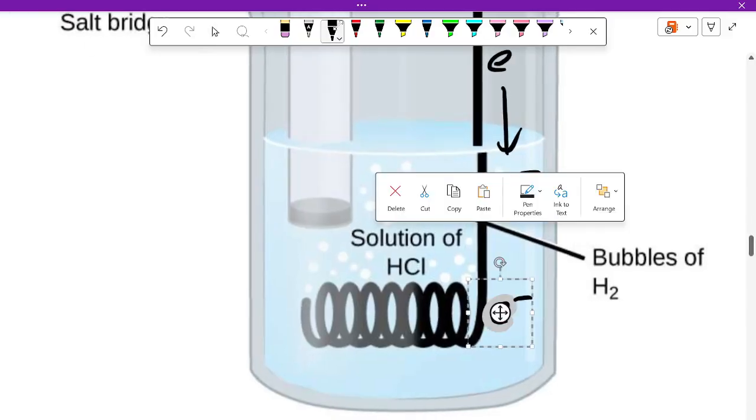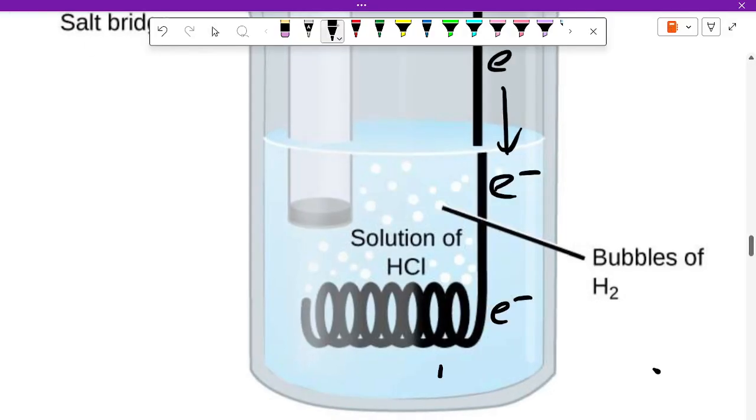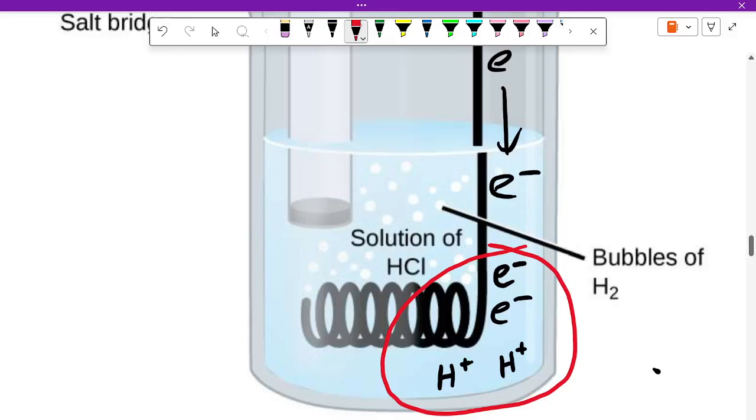So, the H+, two H+ can get together with two electrons. And when those get together, you get bubbles of H2. Yes? Now, could we have made the electrode out of hydrogen gas?